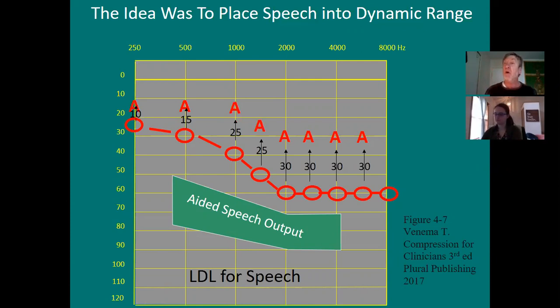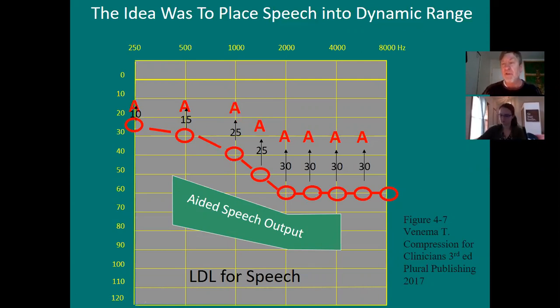Okay, now I know that when input speech comes into the hearing aid, it's going to amplify the input speech so that the aided speech is sitting nicely in the guy's dynamic range. Because if I amplify input speech by the full degree of the hearing loss, the output will be way down here at the bottom, and it'll be too loud. And that was Sam Liebarger's half gain rule.